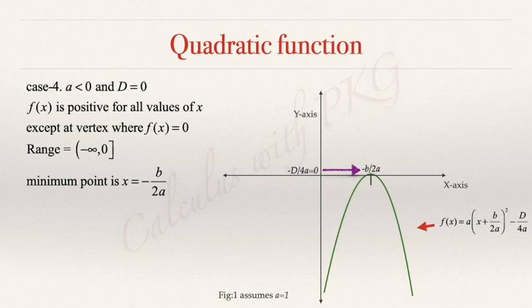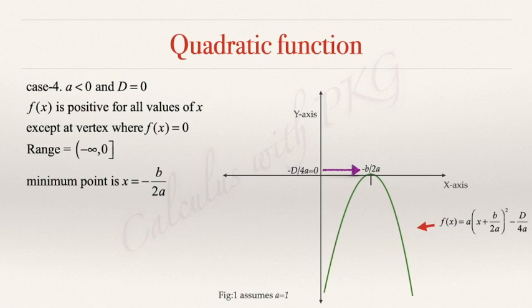Now case 4, here a is less than 0 and d is equal to 0, I have chosen. So the graph of the function f of x will be almost the same as case 3, but since here a is less than 0, our parabola will open in the downward direction, and here again d is equal to 0, so our graph will touch the x-axis.